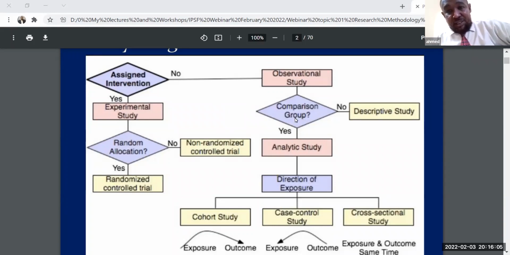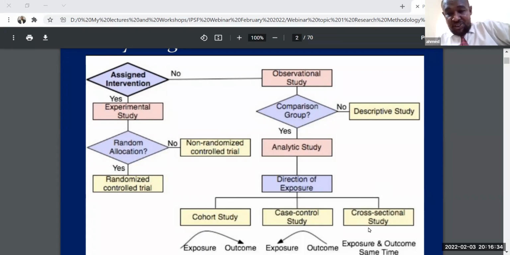Observational can be descriptive or analytic, based on whether there is a comparison group or not. Descriptive studies include cross-sectional, case report, case series, and so on. Analytical studies are based on direction of exposure. We have 3 examples: cohort, case control, and cross-sectional.